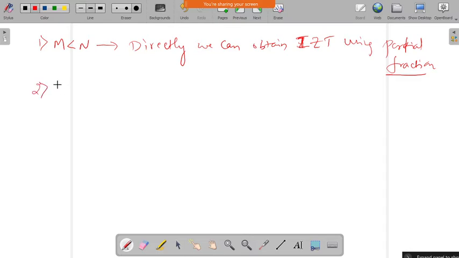In the second case, if m is greater than or equal to n, that is, the powers in the numerator and denominator are equal, or the numerator power is greater than the denominator power, then we have to go for the long division method.